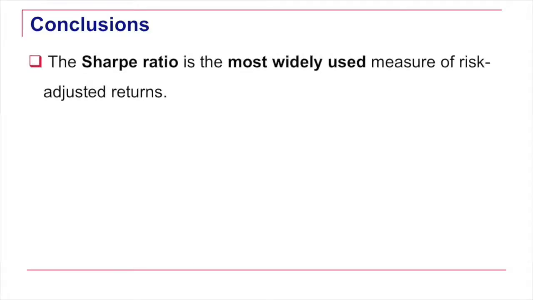So in conclusion, the Sharpe ratio is the most widely used measure, and we see with the study that we quoted here that it actually gives the best possible result when we need to rank funds by their risk and return characteristics.